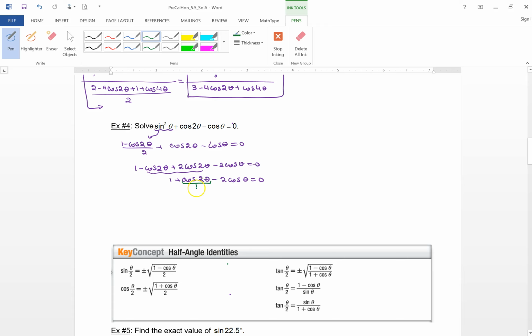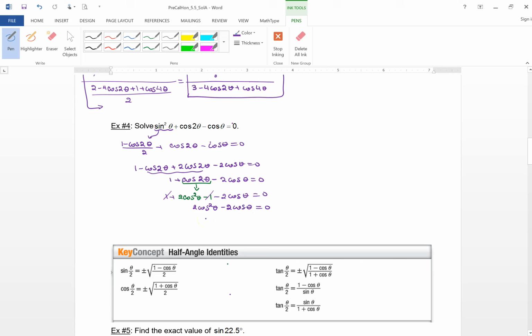I can make another substitution. What's cosine of 2 theta equal to? Well, the one we like is that one. And the rest of the equation is 1 plus this minus 2 cosine theta is equal to 0. These go away. 2 cosine squared theta minus 2 cosine theta is equal to 0.